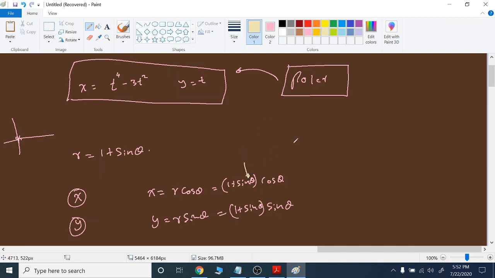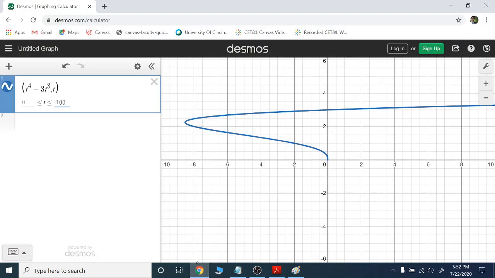Only if you mention the letter t will it recognize it as a parameter, so we just have to rewrite everything in terms of t: 1 plus sine t times cosine t, and 1 plus sine t times sine t. Then we have to use these two things as the x and y inputs.